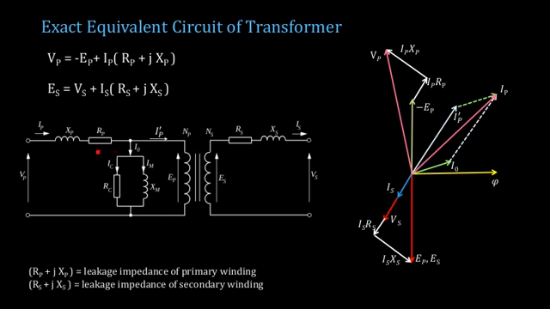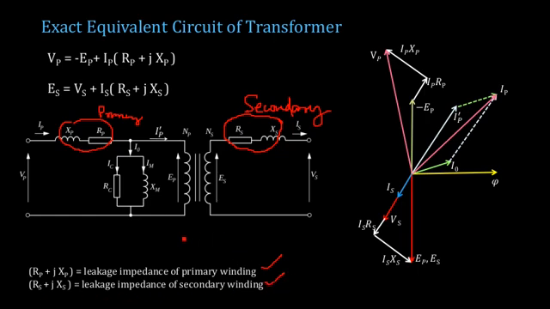So this part indicates the primary winding, and this RS and XS represents the secondary winding. RP plus JXP is the leakage impedance of the primary winding, and RS plus JXS is the leakage impedance of the secondary winding.